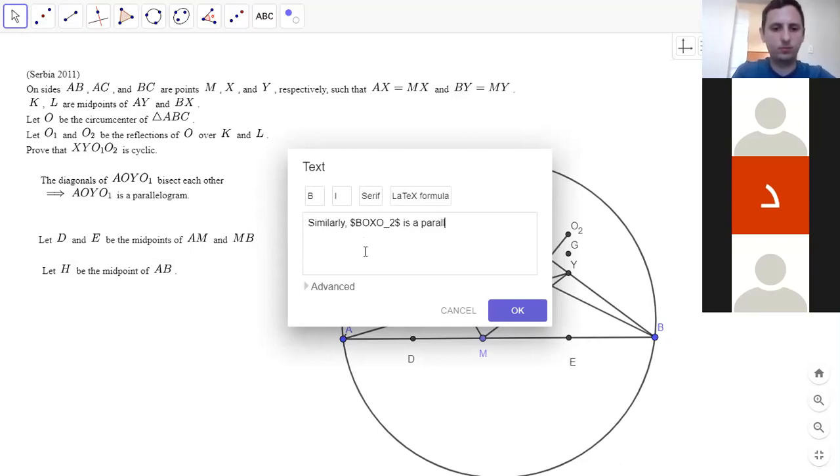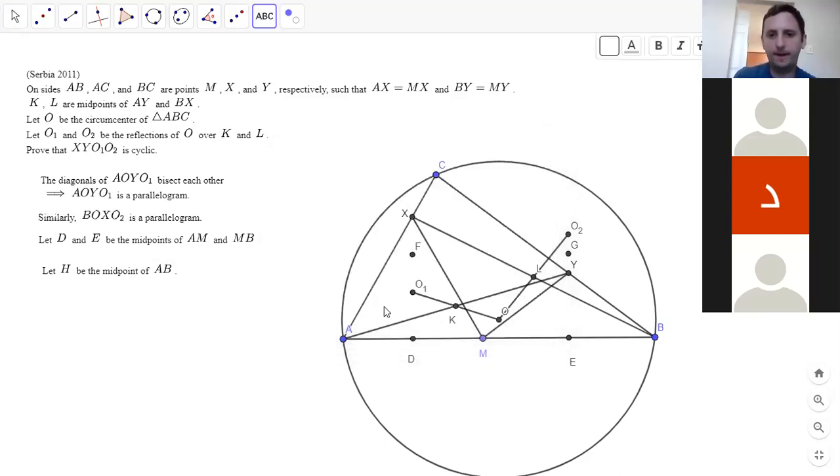All right. And once we know that, I'll write it this way.